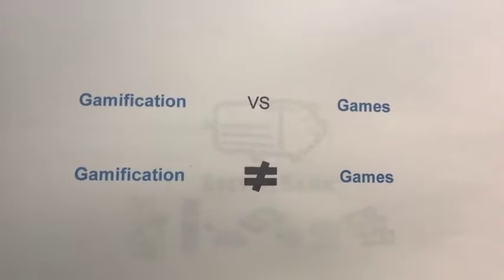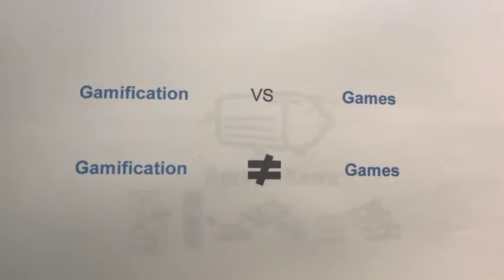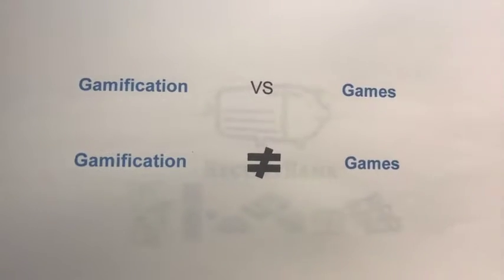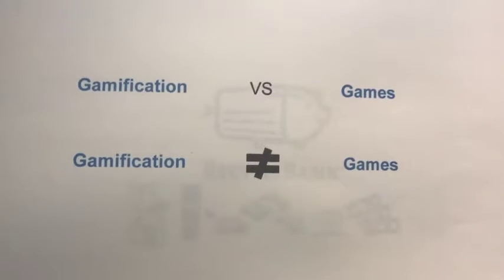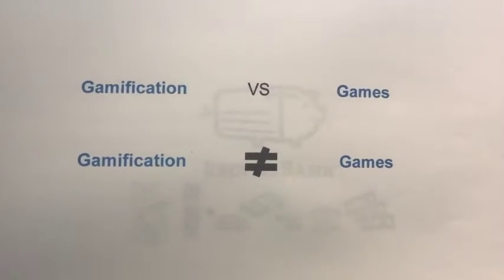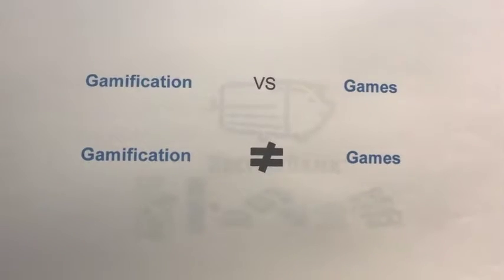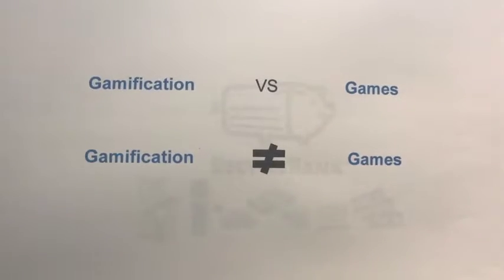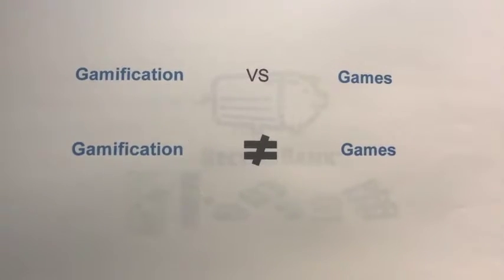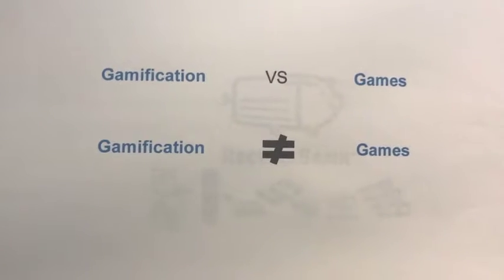As the term suggests, gamification is not quite creating a game, but transferring some of the positive characteristics of a game to something that is not a game. Those positive characteristics of a game are often loosely described as fun.